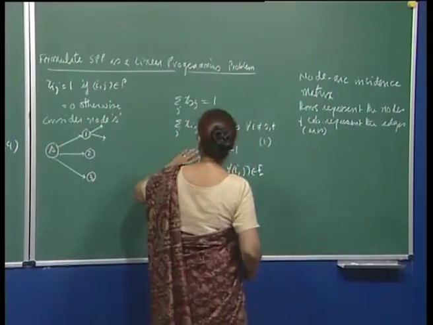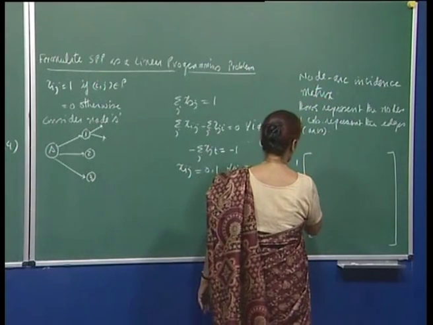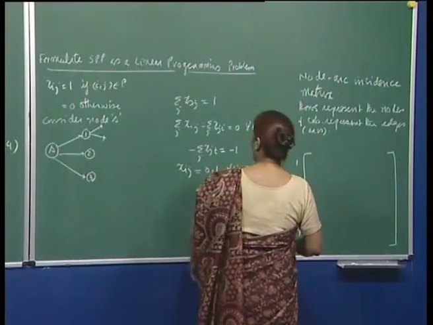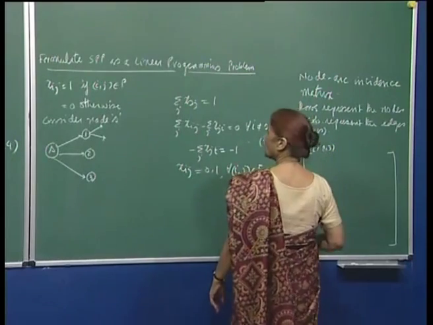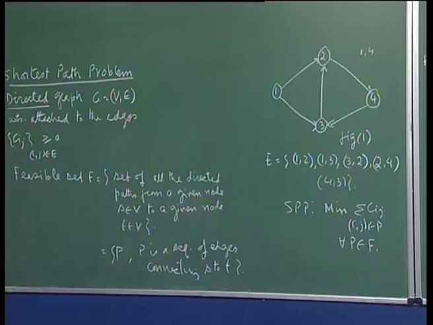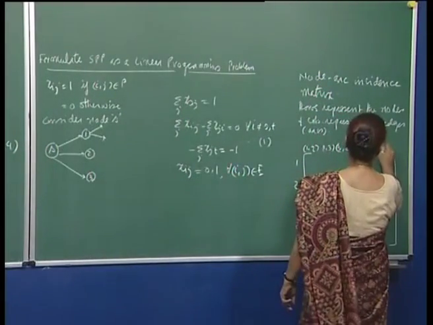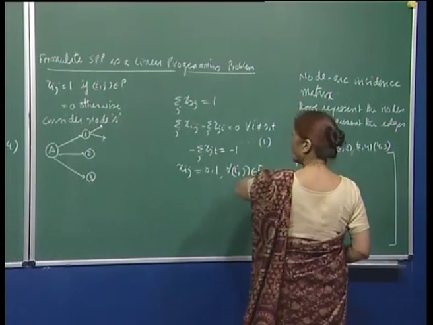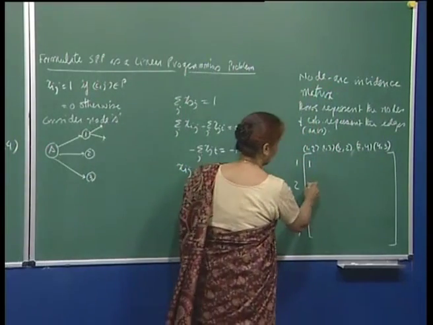So, for this graph, when you write down the node arc incidence matrix, it will look like this. Here you have nodes 1, 2, 3 and 4, and the edges that you have are (1,2), (1,3), (3,2), (2,4) and (4,3). For (1,2), for example, this is leaving node 1 and entering node 2.